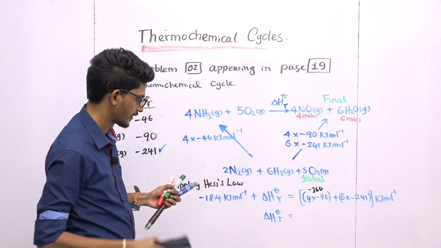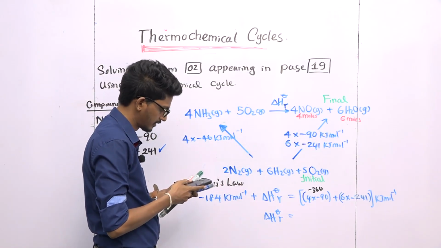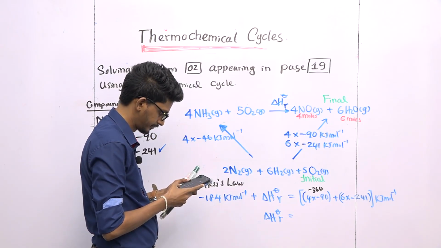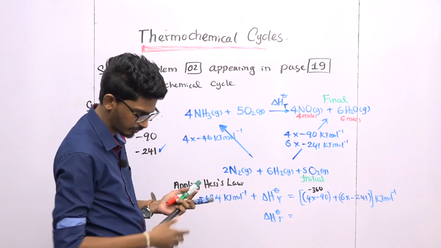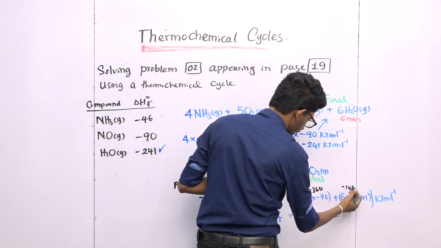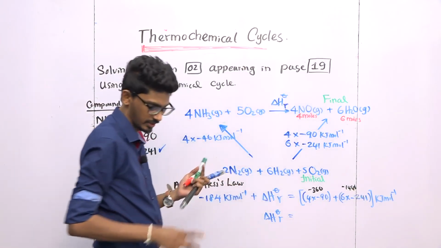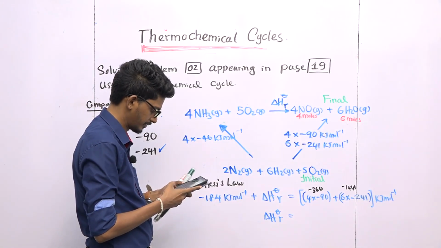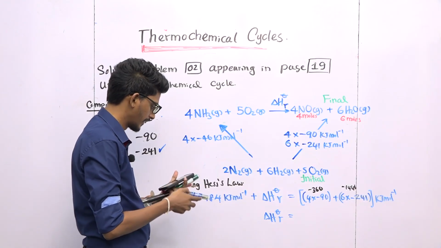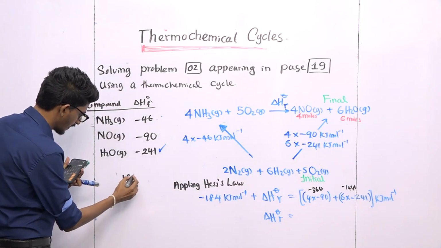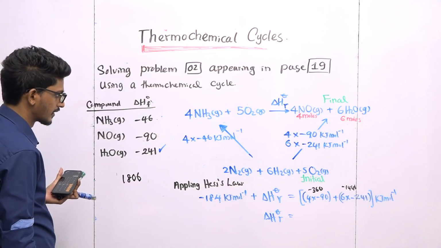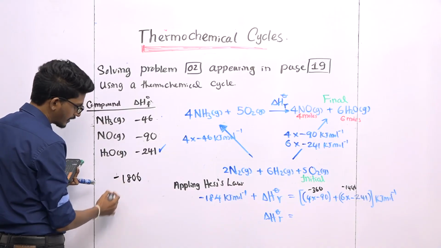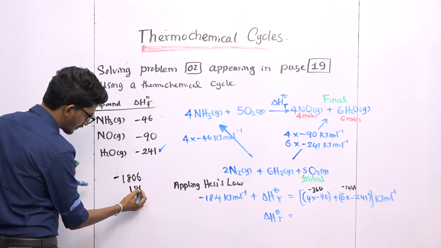What about this? Let's write 6 into 241. That is 1446. So you have to add those things as a minus value. Minus 360 plus 1446 gives 1806. So that is a negative value, and this is the positive value, 184.